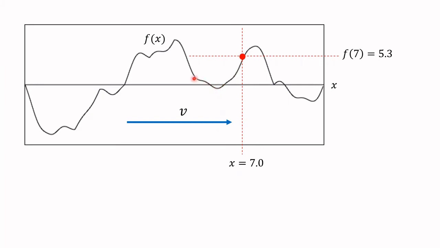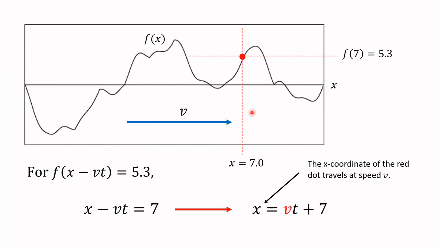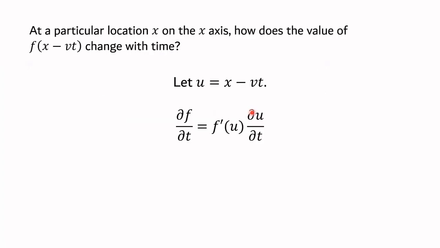So we would like to express the change in the height of the function right here with respect to the change in time. If time increases by a little bit, what's the corresponding change in f? Well, obviously, delta f is going to be a negative number at this point because the height of the function is decreasing as this thing moves to the right. So let's express that using the calculus.